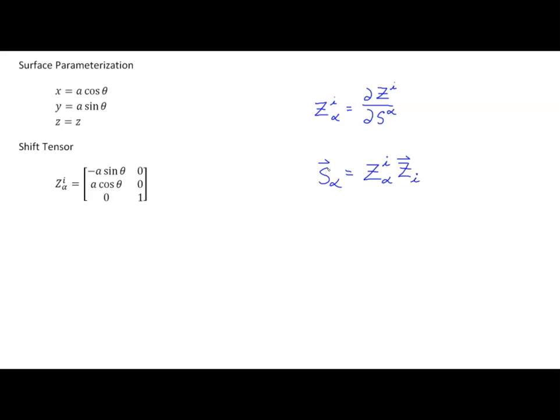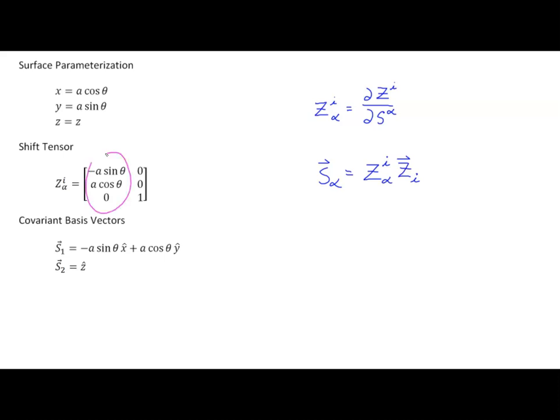For example, for S1, we're multiplying everything in the first column here, where alpha is equal to 1, by each of the respective basis vectors in our ambient space. And likewise, S2 is going to be a product of everything in this second column by our covariant basis vector. So it's going to look like this.